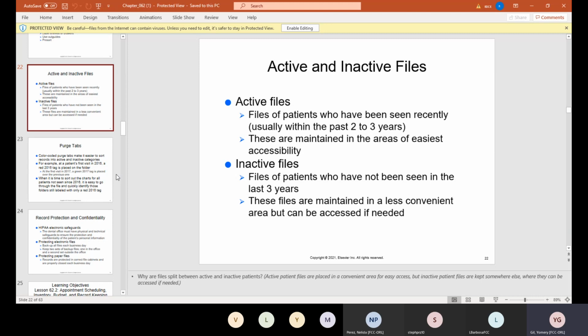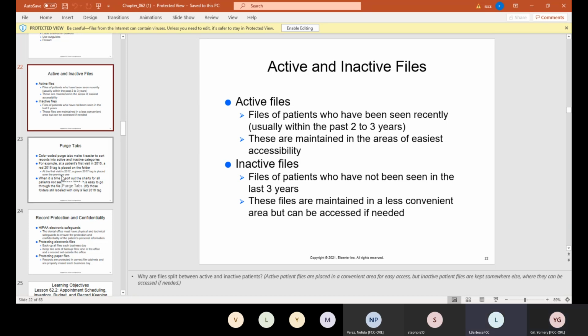And like I said, depending on the size of the office, those inactive files need to be kept for a certain amount of time. So you need to have some type of storage room or area designated for that, because let's say somebody hasn't been there in 4 years and their file is inactive, sometimes you need to retrieve it for whatever reason.